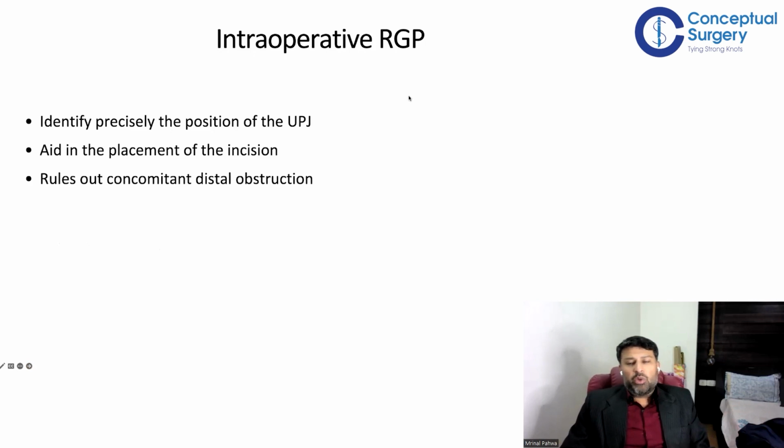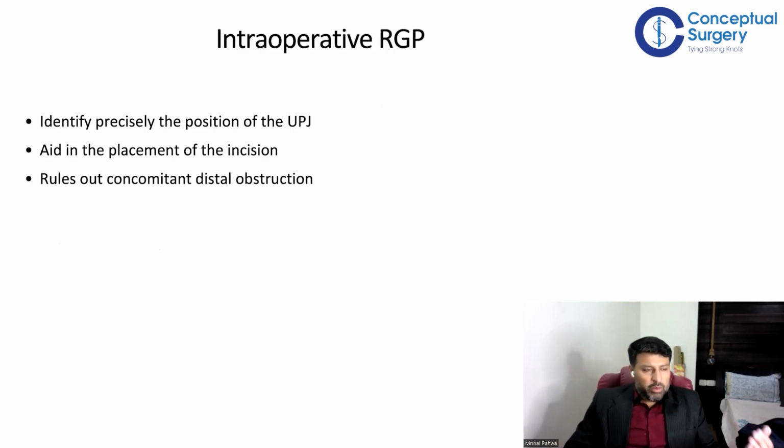We normally do a retrograde pyelogram, RGP, before proceeding with the surgery. In the same sitting, we first do an RGP to identify precisely the position of the UPJ, because sometimes there may be a high insertion of the ureter, in which case the UPJ is shifted upwards, or it may be much lower down because of an excessively redundant pelvis.